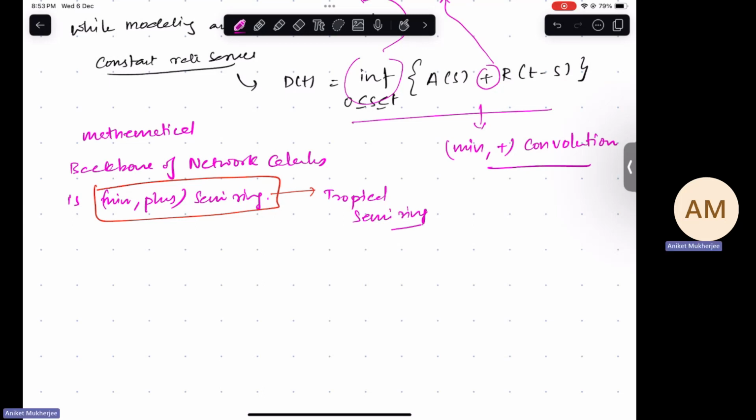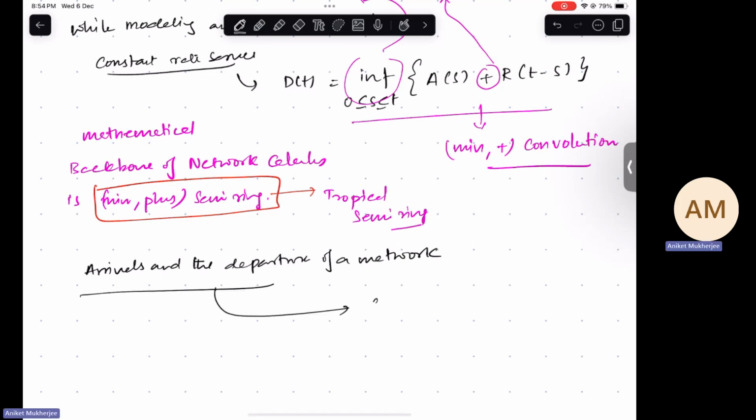So in the last class, we also saw that the arrivals and the departures of a network were modeled by cumulative functions, right?